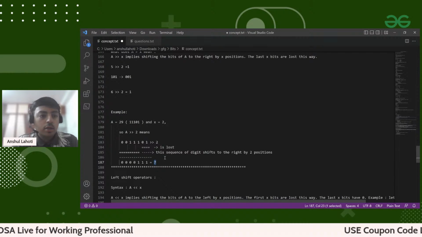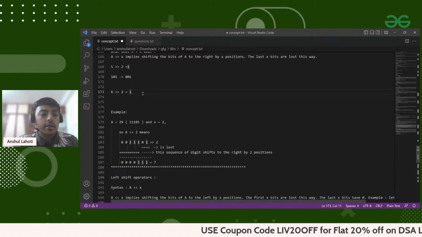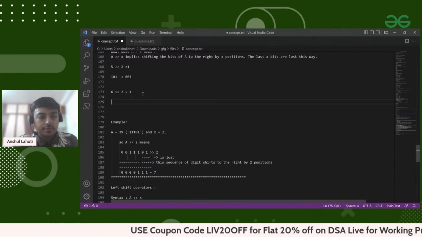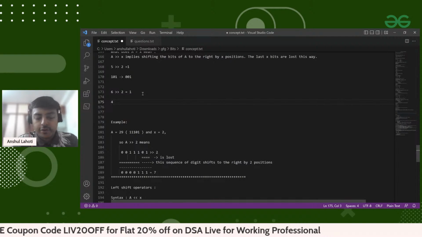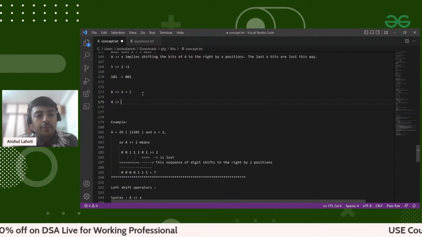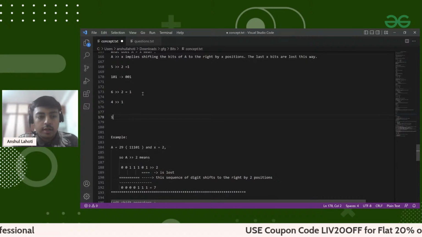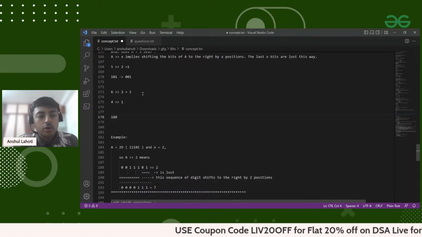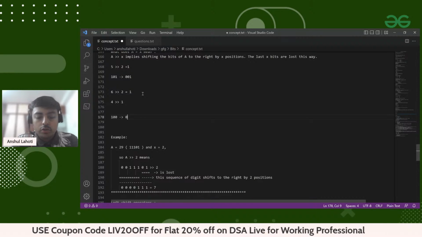So this is how the right shift operator works. I was telling about some pattern here. If you right shift 4, which is 1 0 0, by only one, you will lose the last zero, so you will have the value 0 1 0, which is 2.